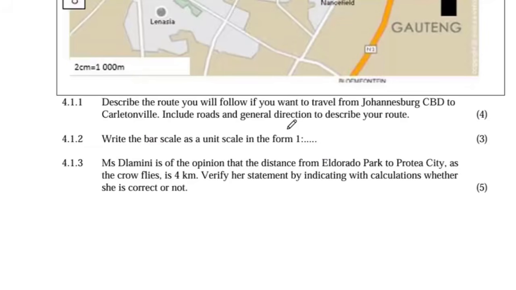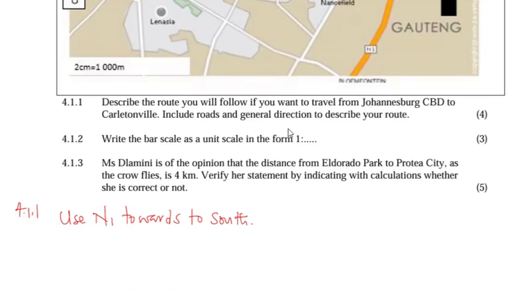Okay, so now here we shall say, you can say use. 4.1.1. Use N1 towards the south.